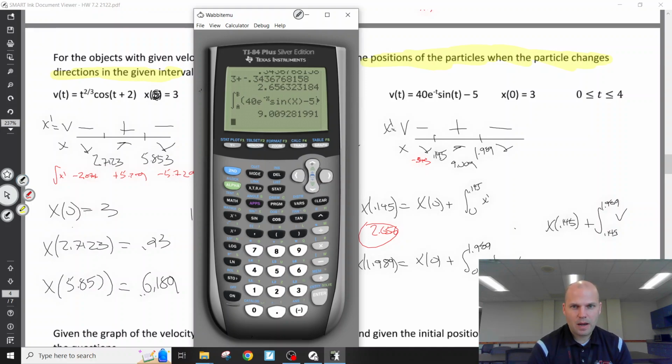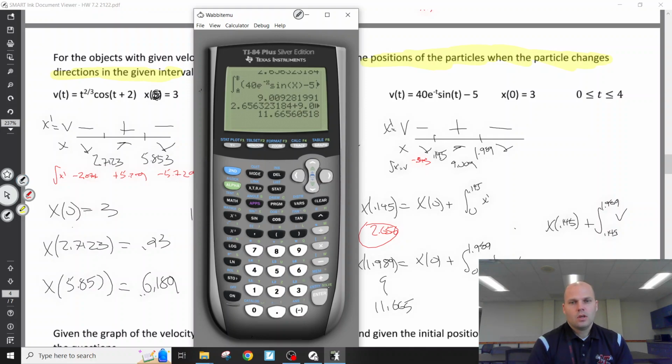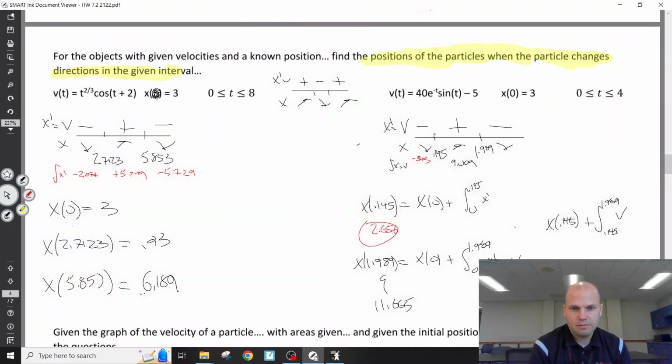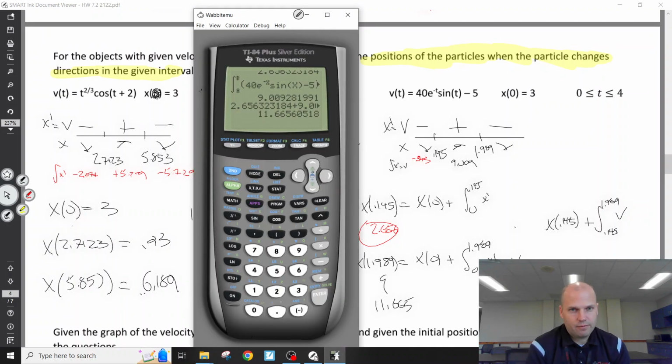Okay, if I know my position at A, and I know that my position increases, because I'm finding the area under the derivative, the area under the velocity, if I know my position increases that much, I'll know my position at time B. 11.665. So started at 3, went to the left a little bit, went to the right a lot. Okay? And then I go to the left a little bit at the end. Or a lot at the end, I have to remember.